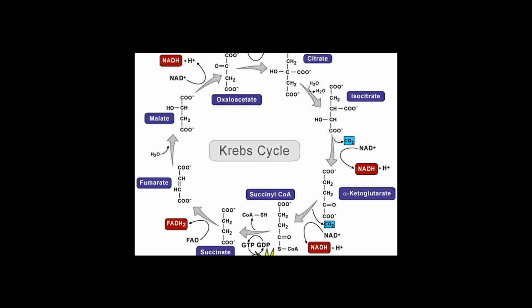The NADH and FADH2 generated by the citric acid cycle are, in turn, used by the oxidative phosphorylation pathway to generate energy-rich ATP.